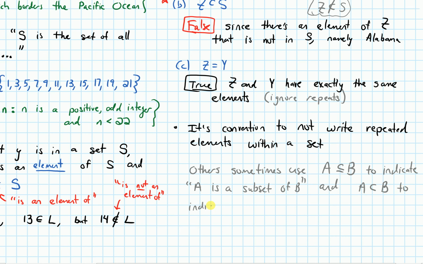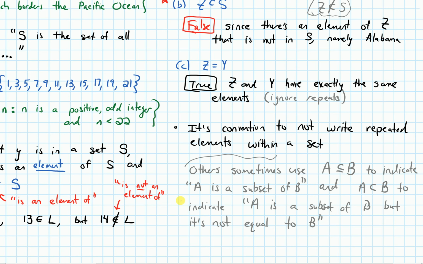This would indicate that A is a subset of B, but it's not equal to B. So it's not the same as B.